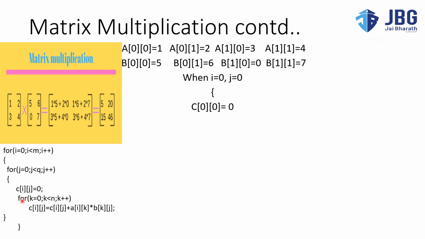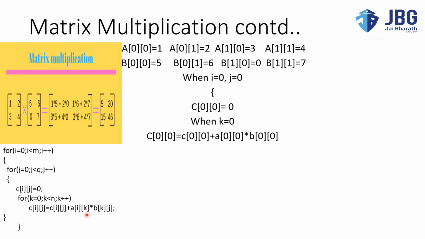Then it enters into this loop for k equal to 0. So when k equal to 0, what is the statement? C of ij equal to C of ij plus A of ik into B of kj. We have i equal to 0, j equal to 0, and k equal to 0.